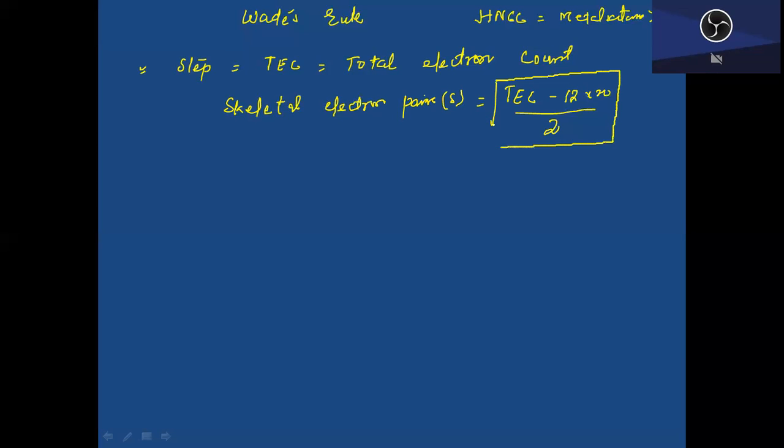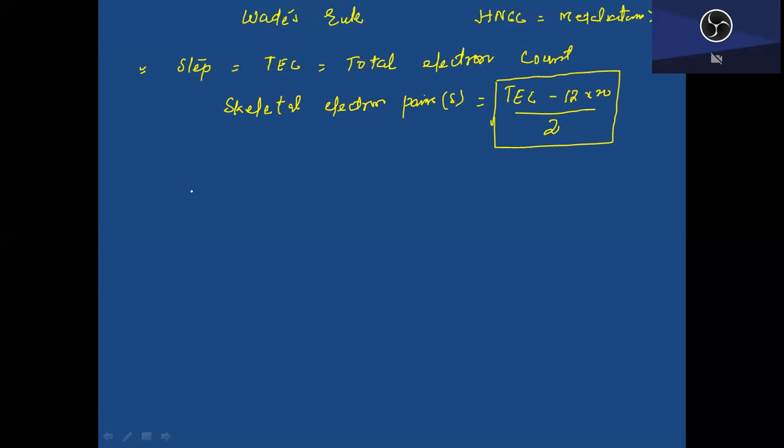In Wade's rule, we first determine TEC, the total electron count of a cluster. Then we use this formula to determine skeletal electron pairs, that is total electron count minus 12 into N. What is N? N is the number of metal atoms present in the cluster divided by 2.